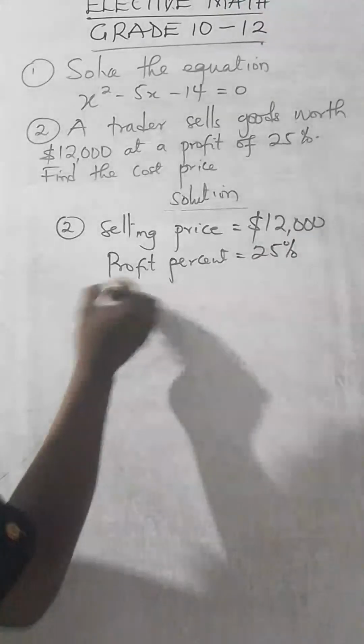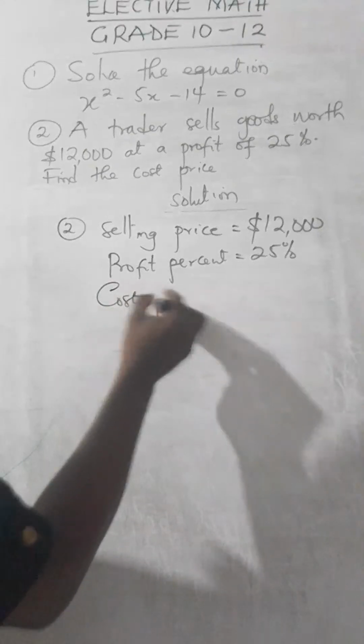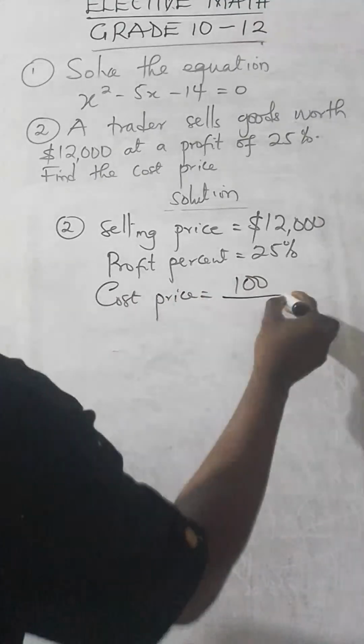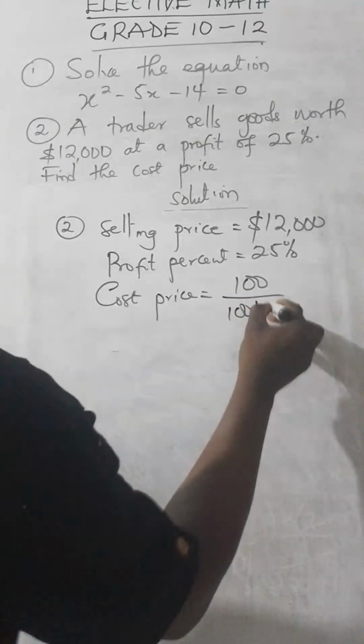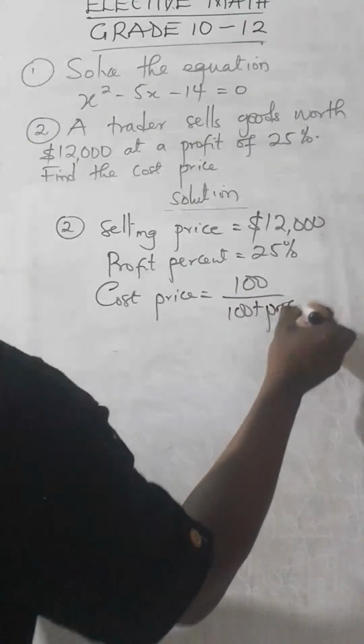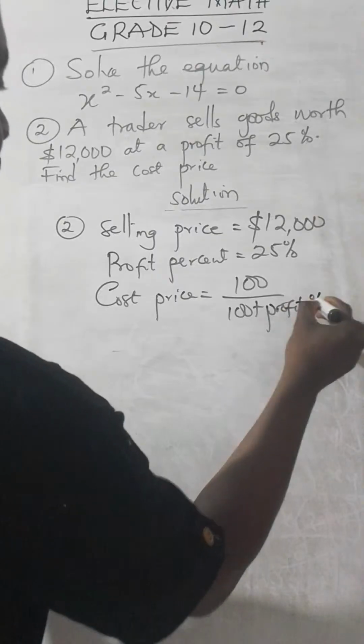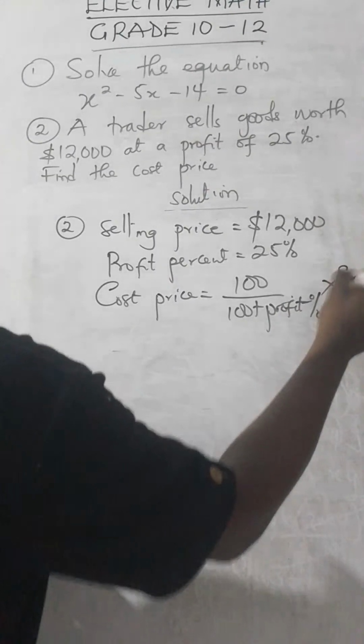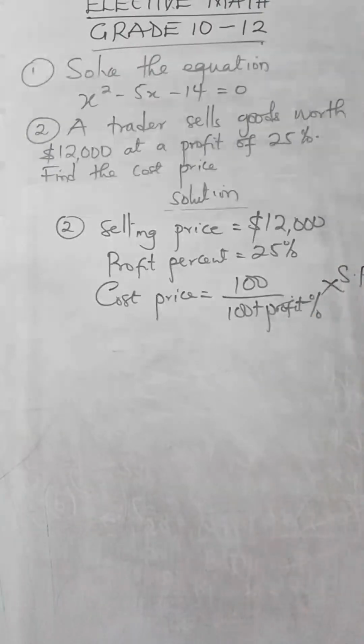So to find the cost price, that is 100 on 100 plus the profit percent, times the selling price. So we use this formula to calculate it.